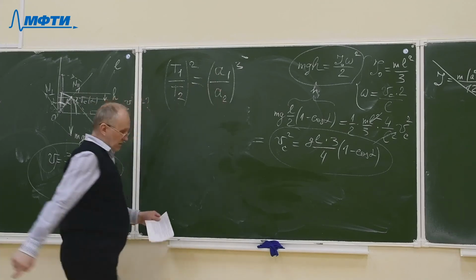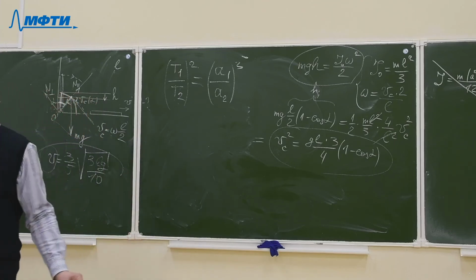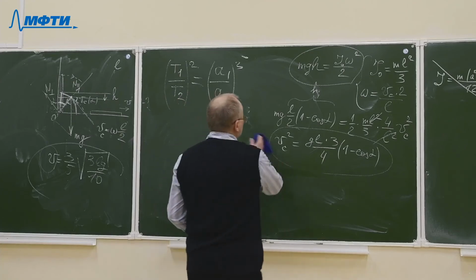Just substitute the figures in this formula and obtain the unknown parameter. Practically everyone has done it, so I will not lose my time on this simple problem.